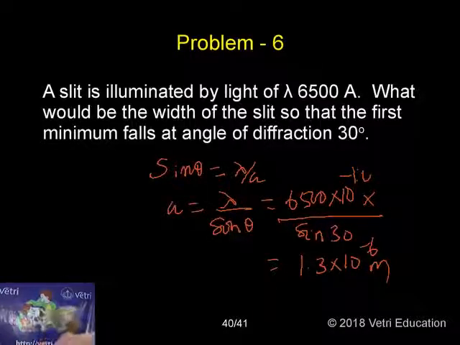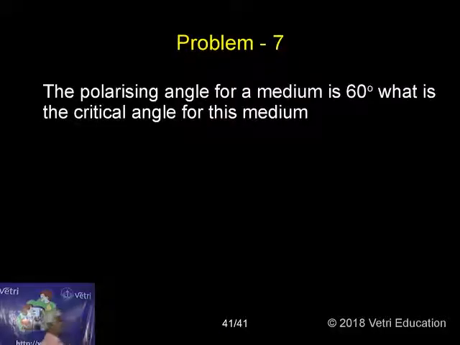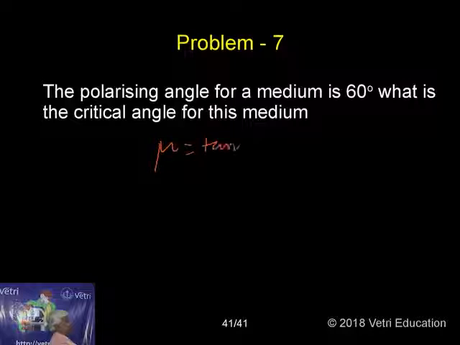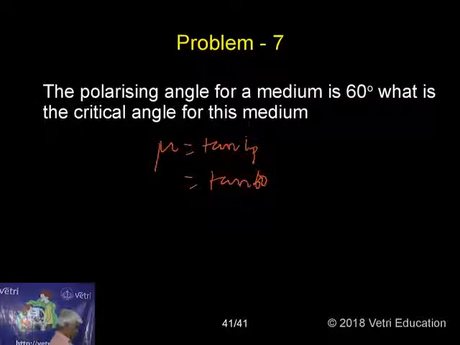The polarizing angle for a medium is 60 degree. Ip is given. What is the critical angle for this medium? The critical angle is asked. These are two problems here. We know Brewster's law: mu is equal to tan Ip, that is equal to tan 60. We know the tan 60 value is root 3.